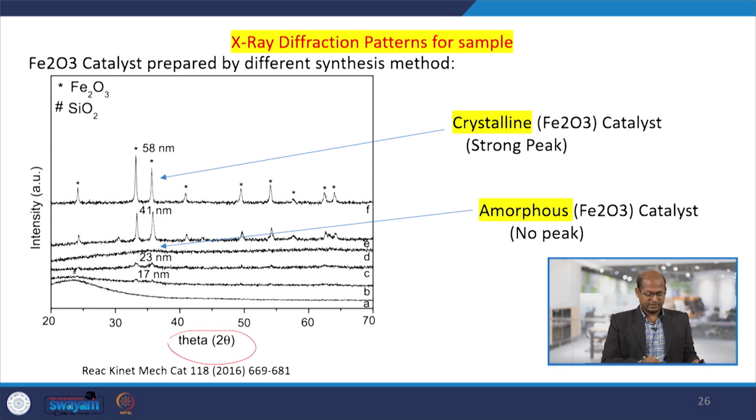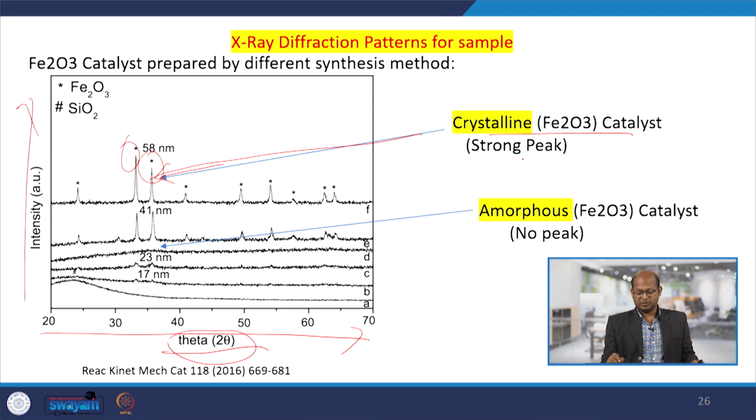Here the x axis is 2 theta, 20 to 70 let us say, and the y axis is the intensity. If we consider this particular material having this peak and this peak, and we want to find out the crystallite size of this particular material, here it is very strong, and then it is 58, 41, then 23, 17.